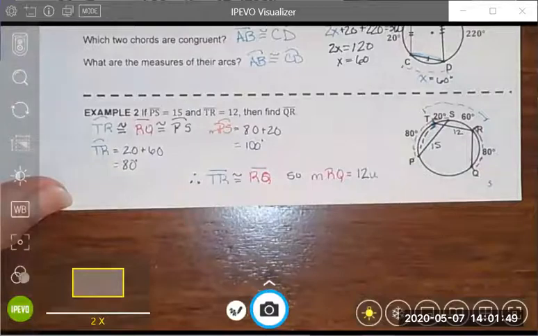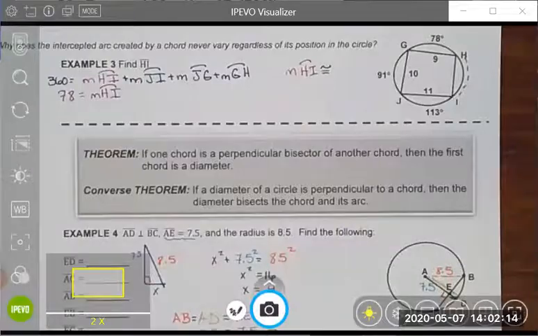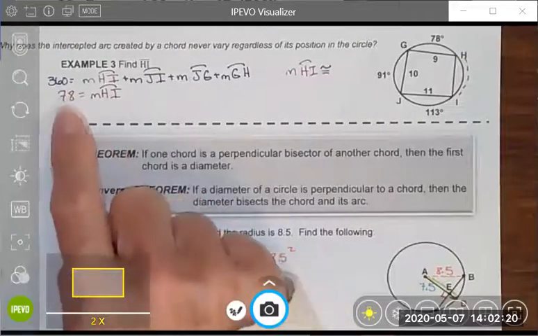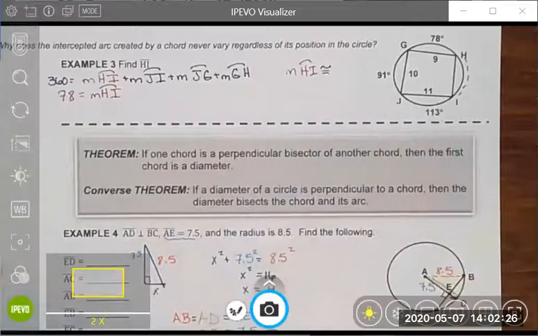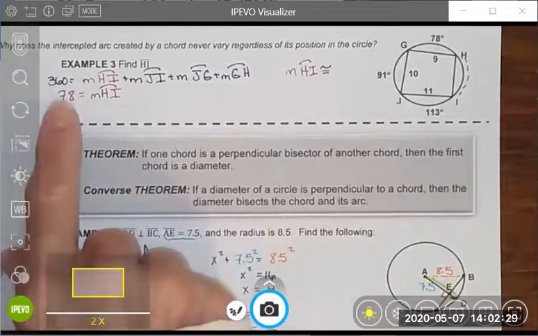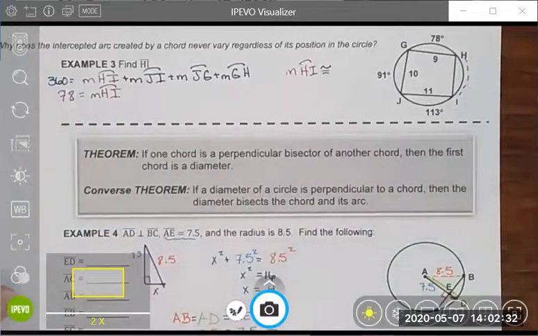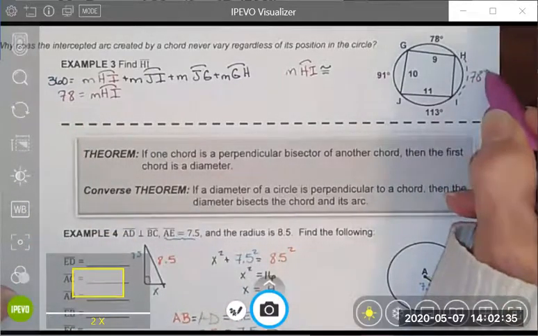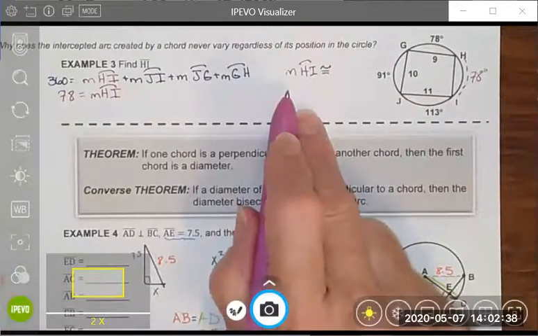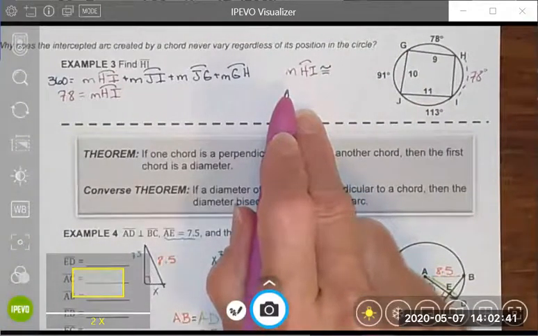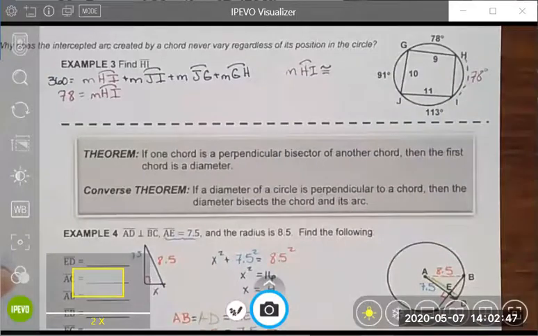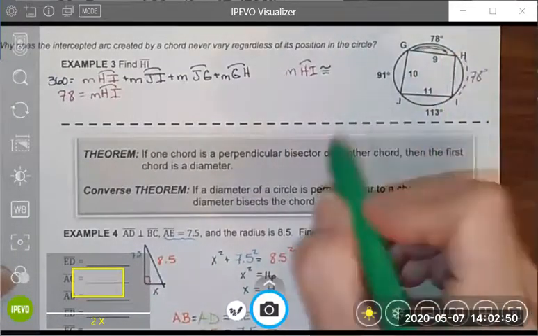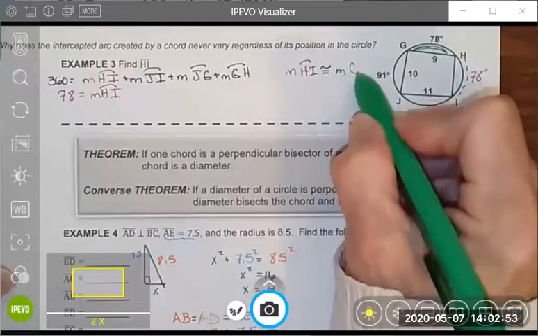All right, so that was complicated, but not difficult. I can use that same strategy in example 3. I went ahead and did a little bit of math ahead of time. To find the measure of arc HI, I'm going to add it to the other arcs of the circle, recognizing they should all add up to 360 degrees. And I learned that the measure of arc HI is 78 degrees. If I can find congruent arcs, then I will be able to identify congruent segments. So arc HI at 78 degrees is congruent also to arc GH.